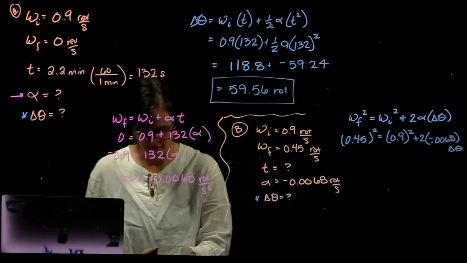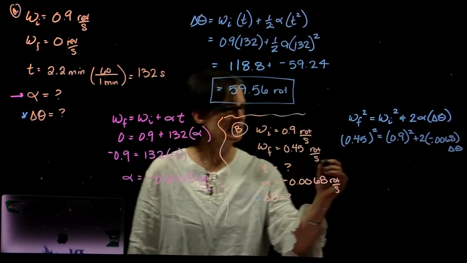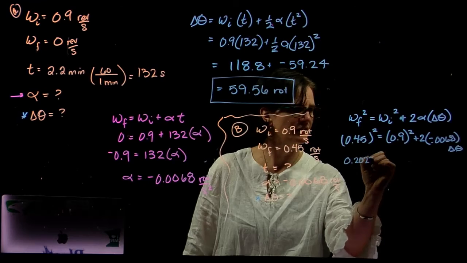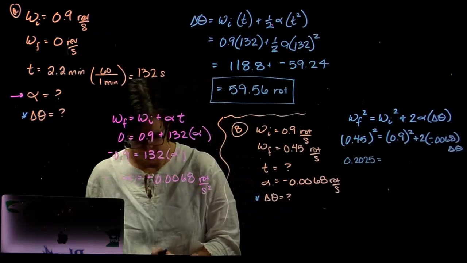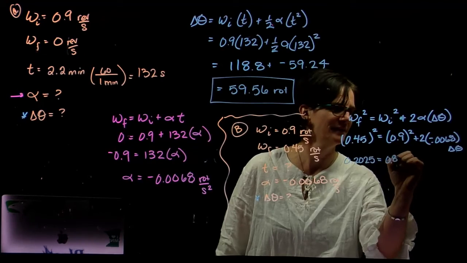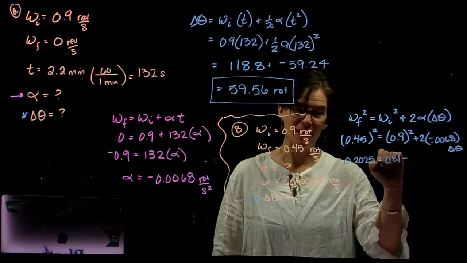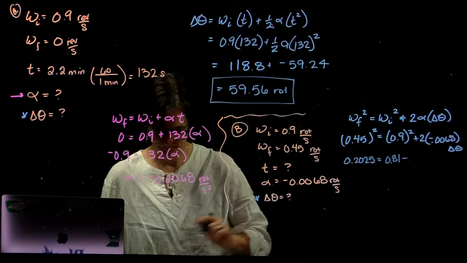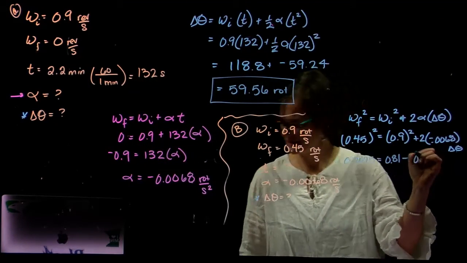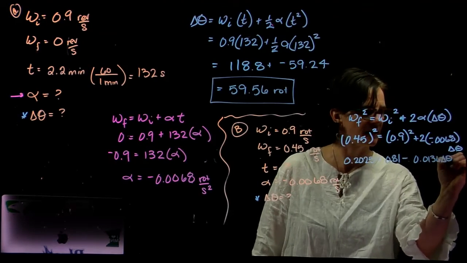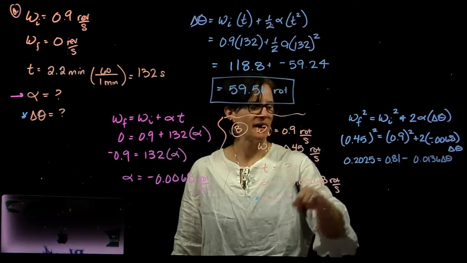So 0.45 squared is 0.2025, and 0.9 squared is 0.81, minus, because we have that negative, 2 times 0.0068, which is 0.0136 delta theta.